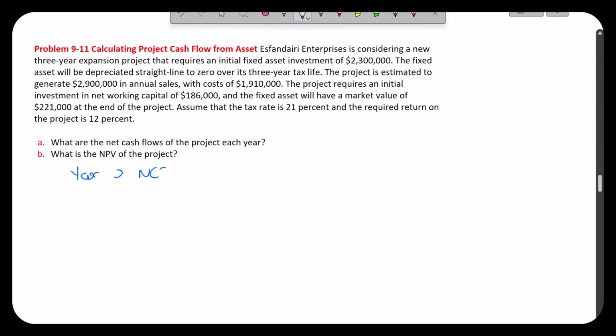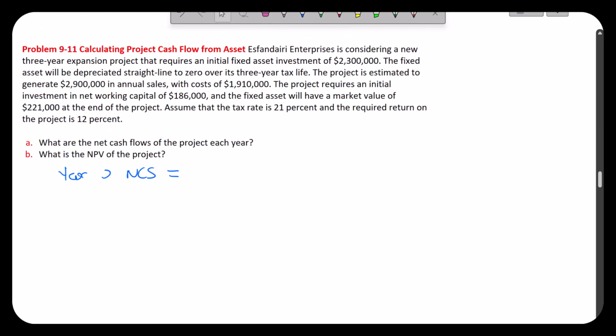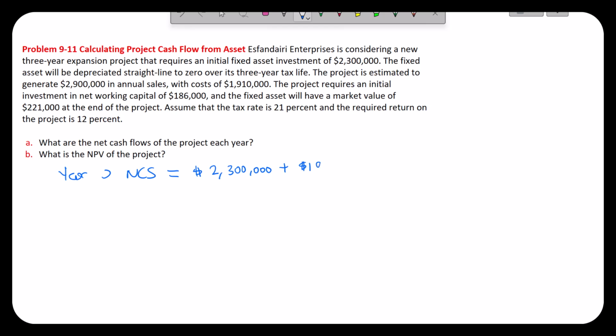Year zero net capital spending. We're going to spend $2.3 million on machinery or equipment, but we also have $186,000 on net working capital.